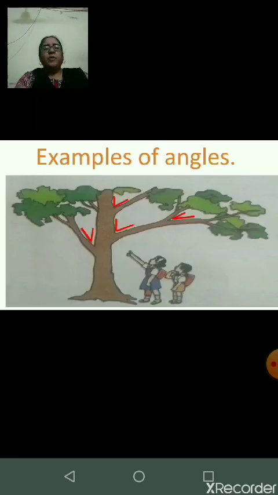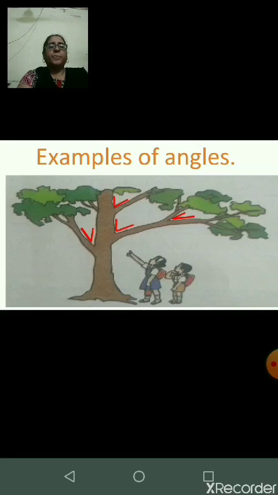So after this we will see examples of angles. As you are going out, or on the way, or in the house, you see so many things around you, isn't it? If you observe carefully, you will see that in many things an angle is formed. Now here in this picture, what do you see?